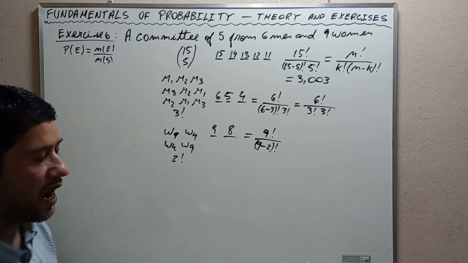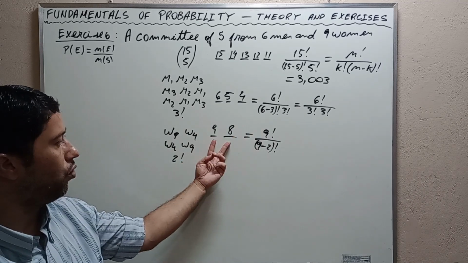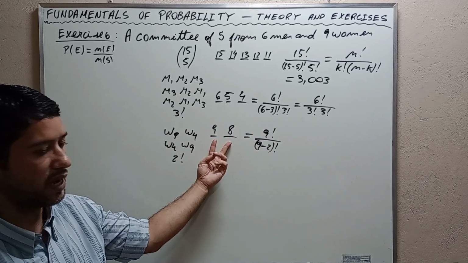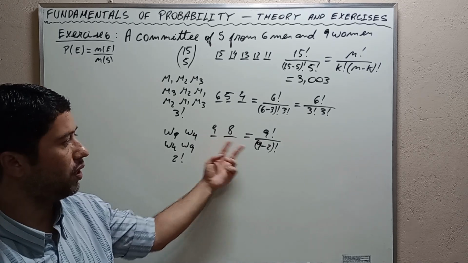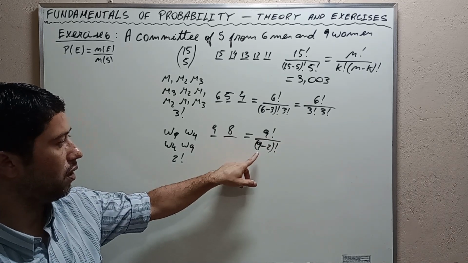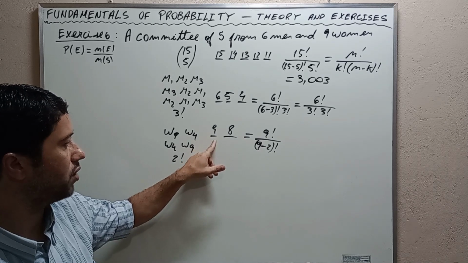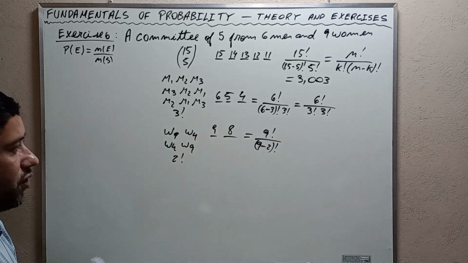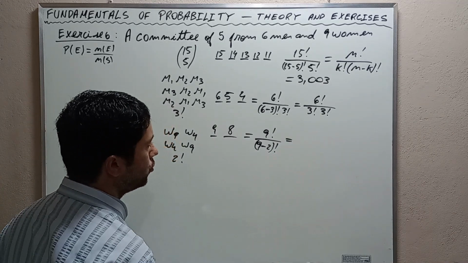I don't have 9 positions for the 9 women. I have only 2 positions for the 9 women. Then instead of the factorial going all the way, I will stop at 7, okay? Because I have only 2 positions here.